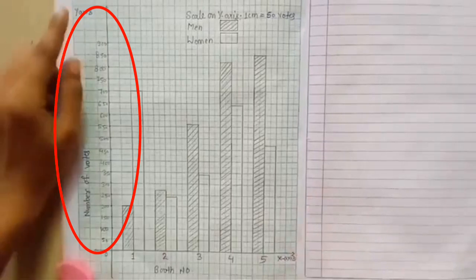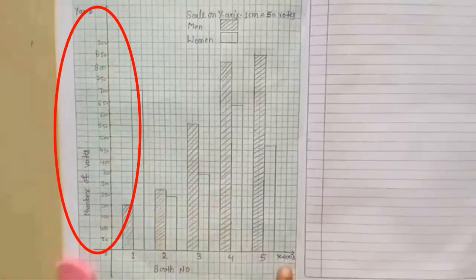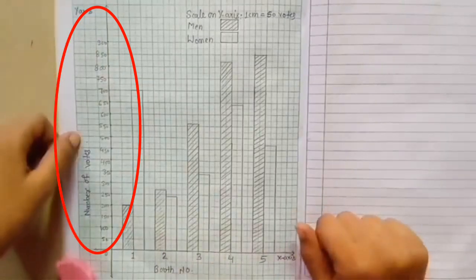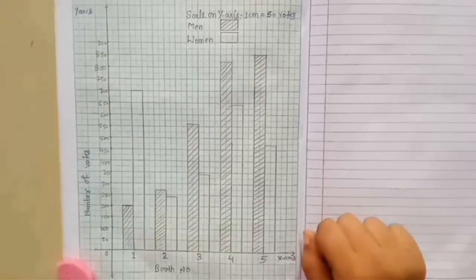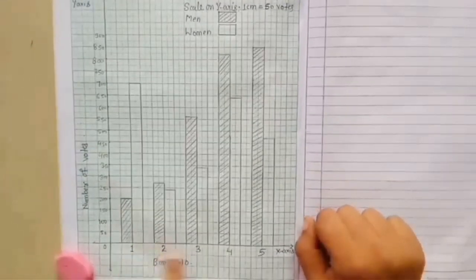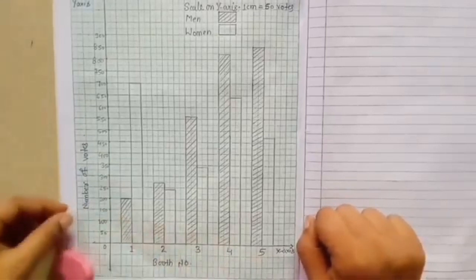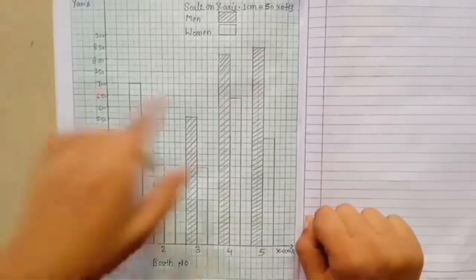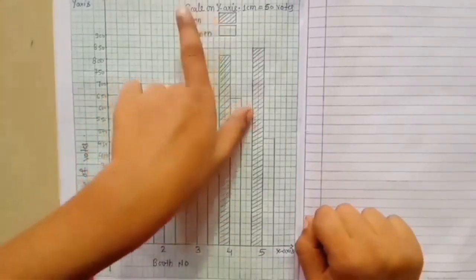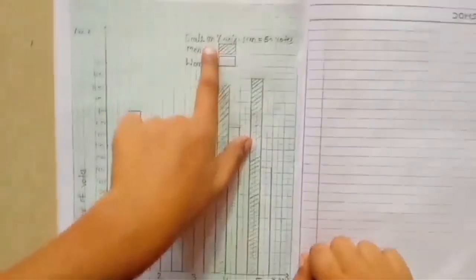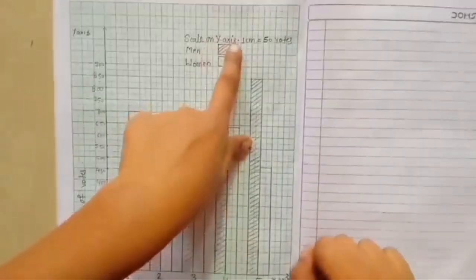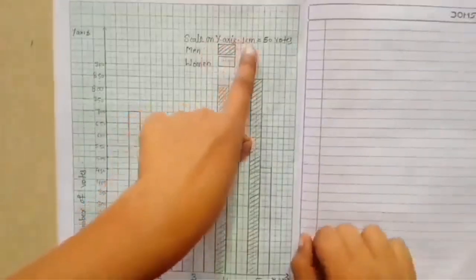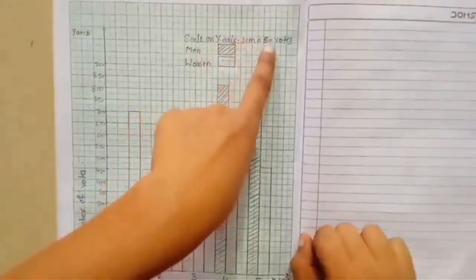On our y-axis we have written number of votes and on our x-axis we have taken booth number, that is from 1 to 5. Now in scale we will write scale on y-axis equals 1 centimeter equals 50 votes, because we have started from the range of 50.